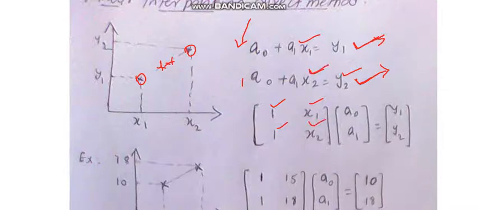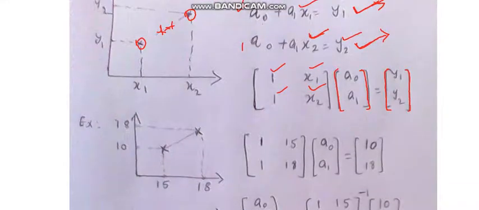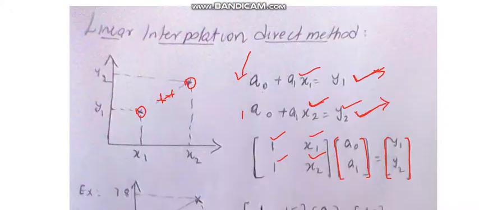So this into a0, a1 will be equal to this column matrix of y1 and y2. Is that okay? Because when you are multiplying, this will come as 1 into a0 plus x1 into a1 will be equal to y1. So you have to write like this.